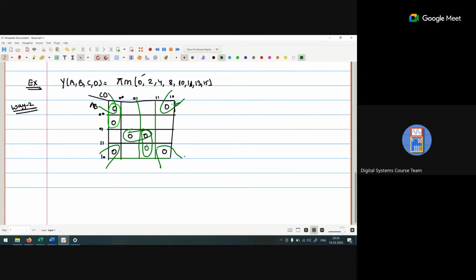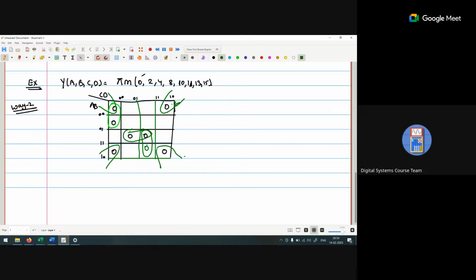If any min term or max term is considered 2, 3, or 4 times to increase the size of the group, we can consider that. Our first priority is to create the maximum size of group. Yes, first priority is this one only.